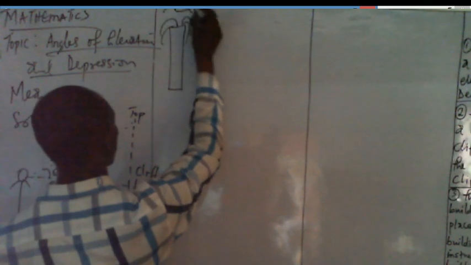Now, should we have a bird on a tree? Let's say this is a tree. Here you have a bird.